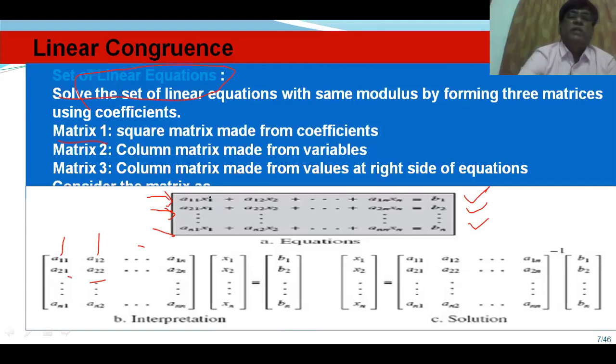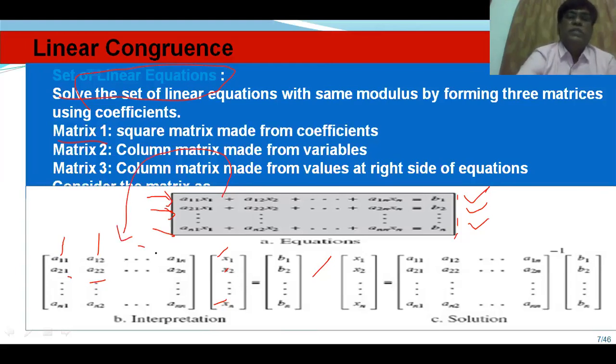Variables means here we have the variables x1, x2, x3, up to xn, and is equal to b1, b2, bn. This is the third matrix. So the given set of equations can be rewritten as 3 matrices: coefficient matrix, variables matrix, and after the equal sign, the b matrix.